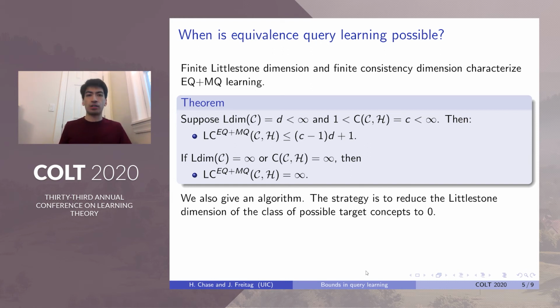The proof of this gives an algorithm where the strategy is to systematically reduce the Littlestone dimension of the class of remaining possible concepts to 0. Once we've reduced it to 0, there's only one concept remaining. We submit it, and we've won.